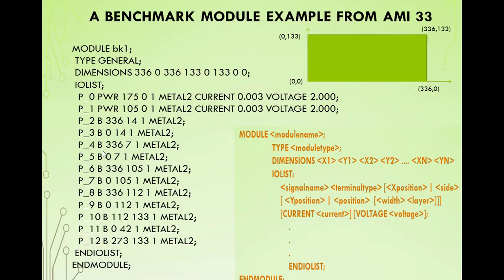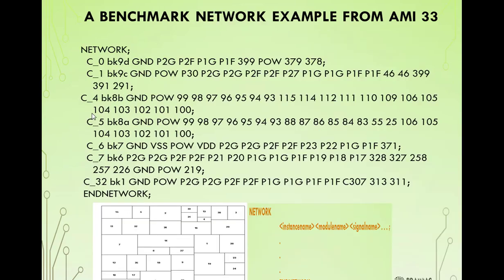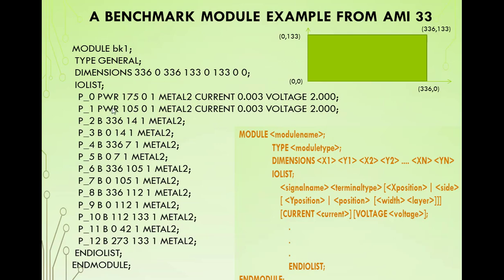For the BK1 module we have 13 terminals, and for the BK1 module again we define the 13 terminals: GND, power, 1, 2, 3, 4, 5, 6, 7, 8, 9, 10, 11, 12, 13. Also, the first signal name that is defined here corresponds to the first terminal name in the module.